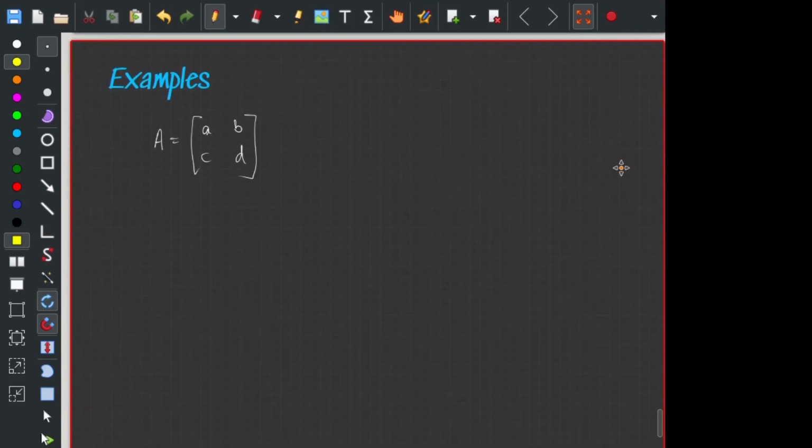Let's take a quick example. Suppose I take a 2 by 2 matrix, so n is equal to 2. What are the possible permutations of 1, 2? They are 1, 2, the identity permutation, and 2, 1. These are the only 2 possible permutations. What is the sign of 1, 2?